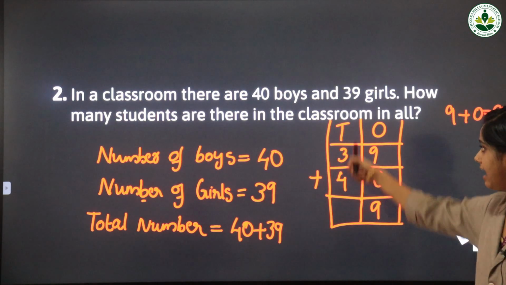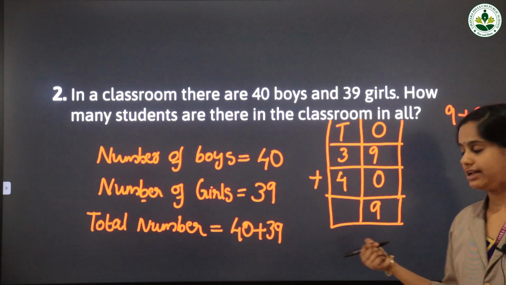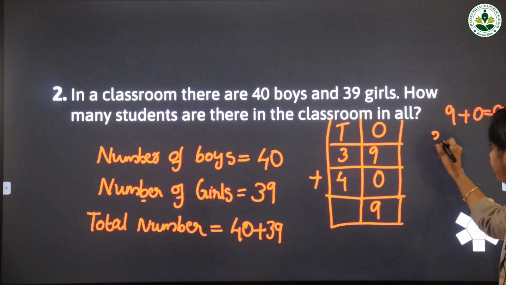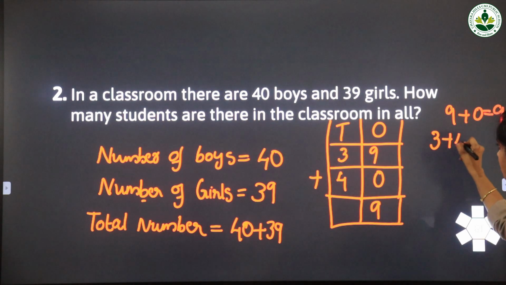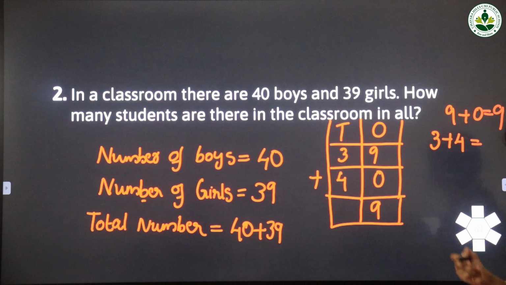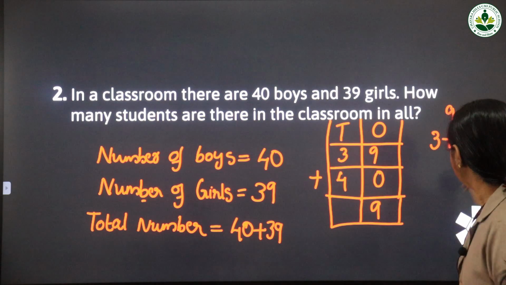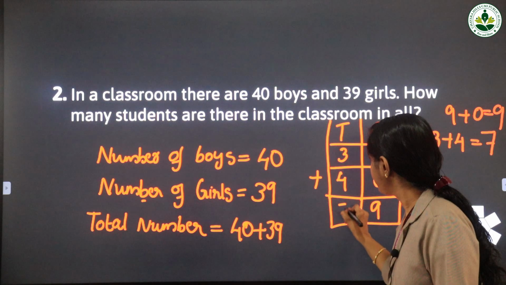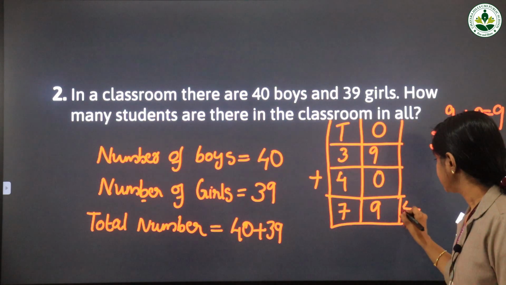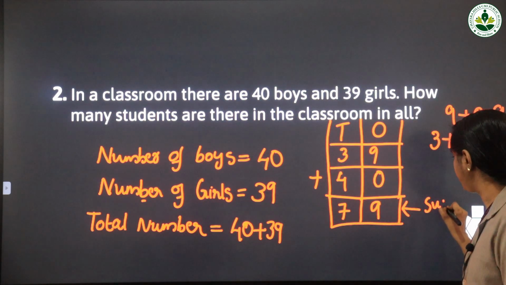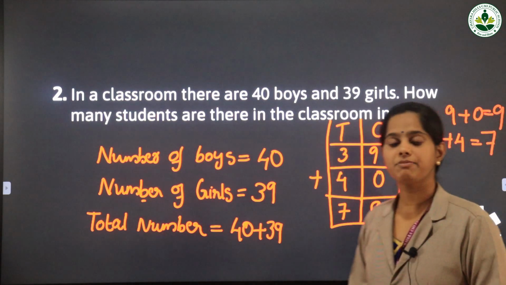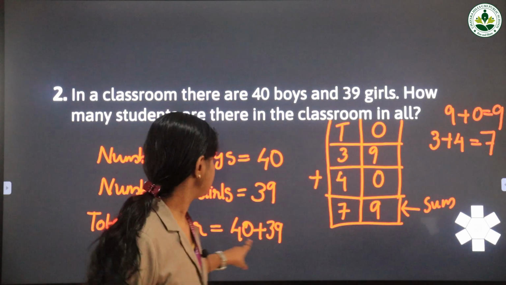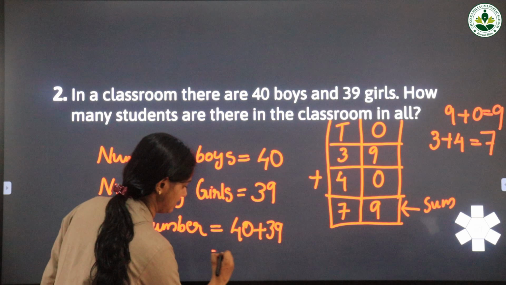Then we add the digits in the tens column, that is 3 plus 4, which is equal to 7. So we place 7 in the tens column. 79 is the sum. So the total number of students in the class is equal to 79.